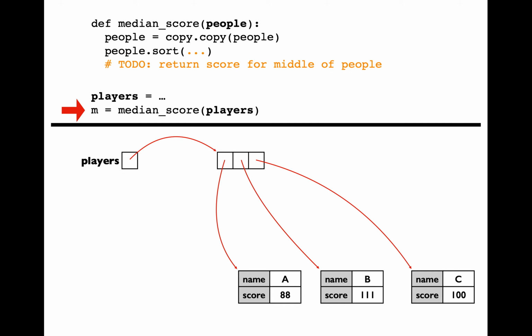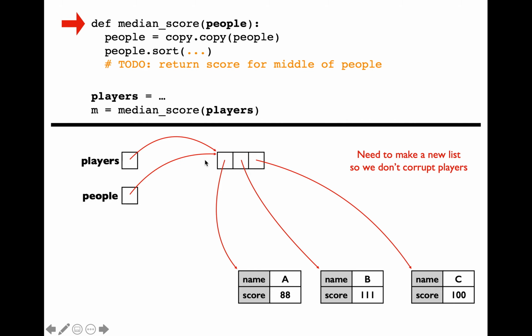If you were to visualize this particular example, you'll once again create all the object instances for the list of dictionary nested data structure. Then you're going to add an arrow from players variable box to the list object instance. Initially, the people variable box within the median_score function call frame is going to have an arrow to the same list object instance.